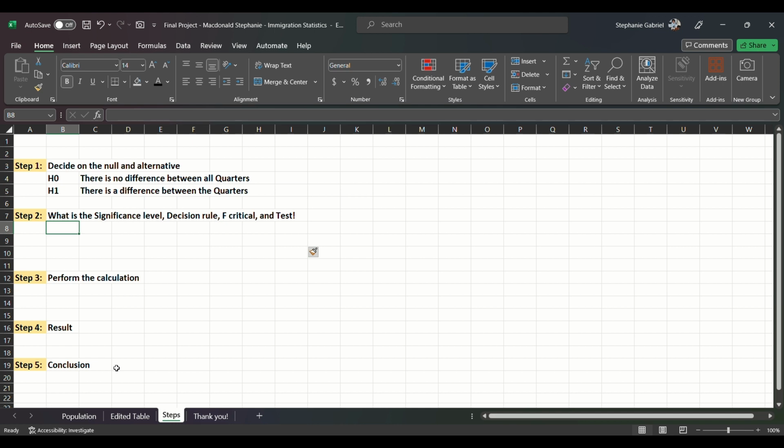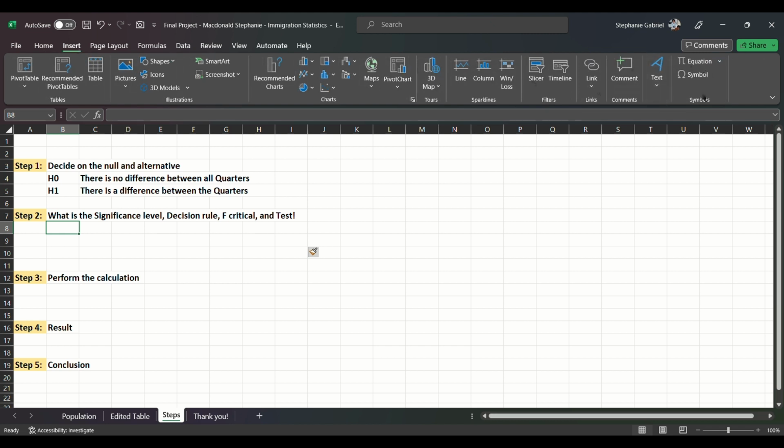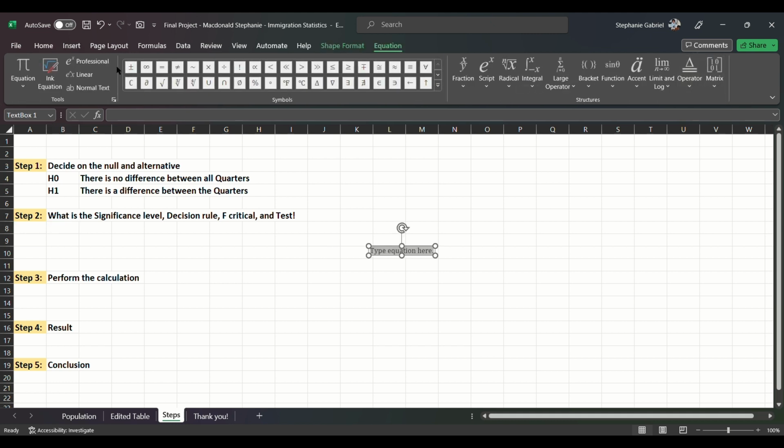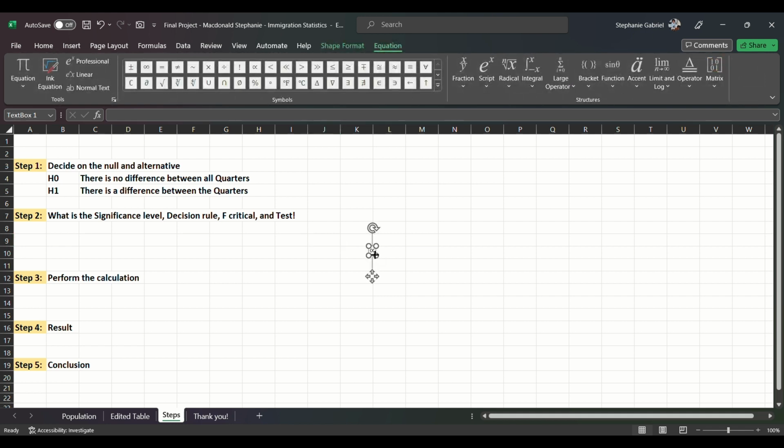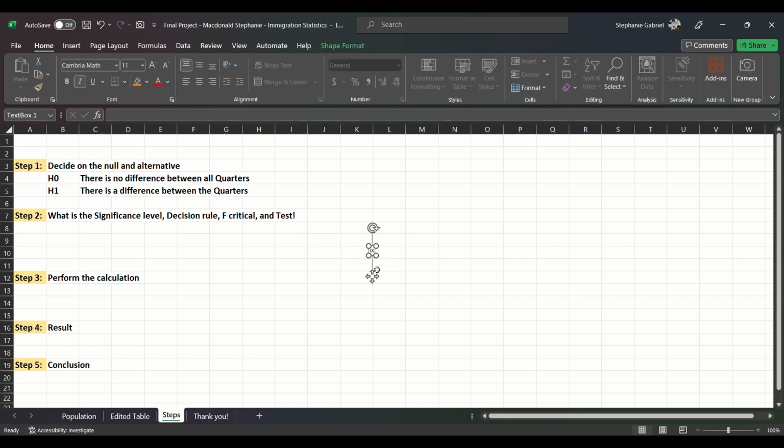So I'll insert the alpha symbol, and alpha equals 5%.